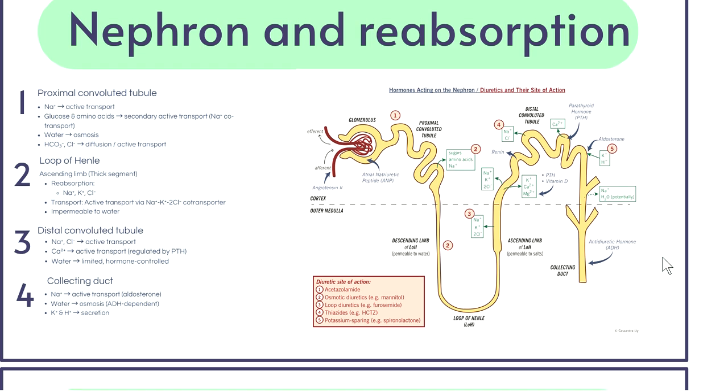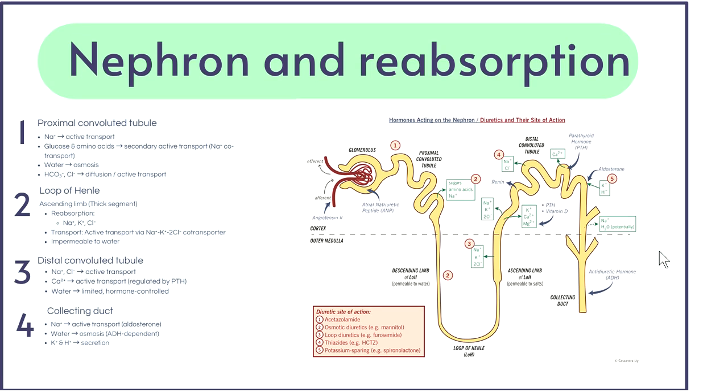So now let us dive a little bit deeper into the different types of channels which we have in different parts of the nephron. On this slide you can see written all of the parts of the tubule itself.